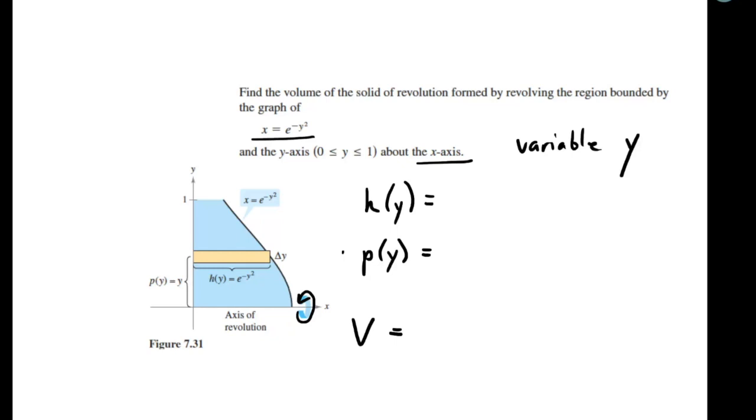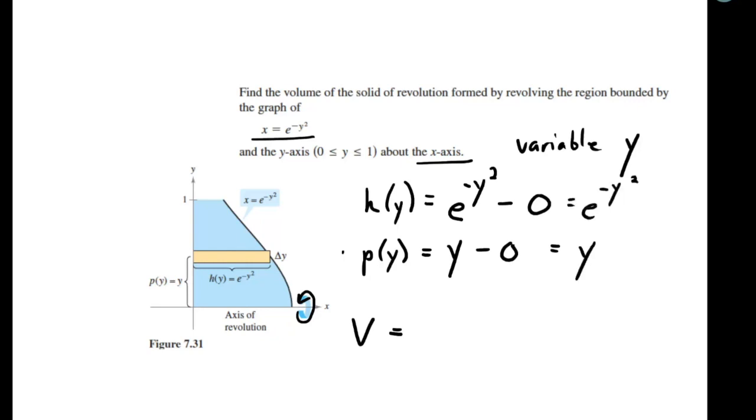And hopefully you found, since it's right minus left, e to the negative y squared minus 0, because that's our stopping point. And then for p, we're just following this height up the way. So it's always going to be y no matter where we go. And so we have y minus 0, which just equals y.